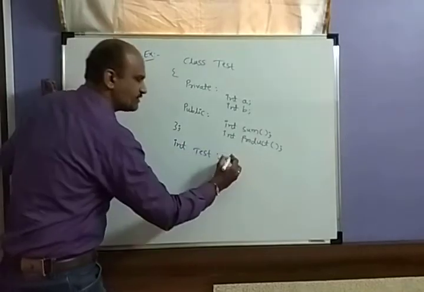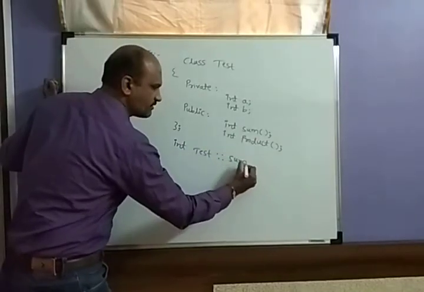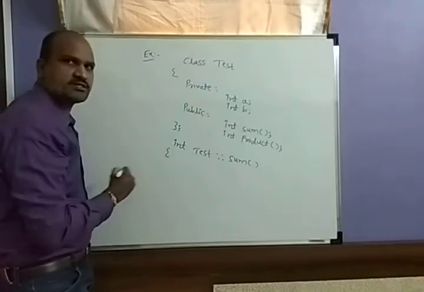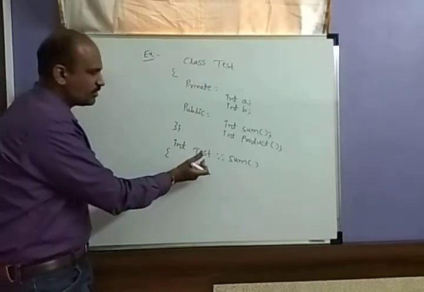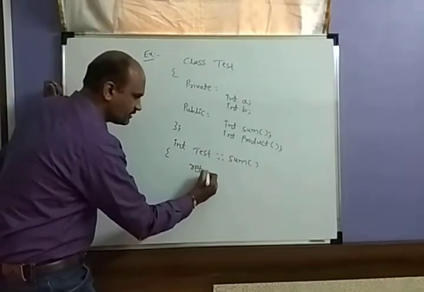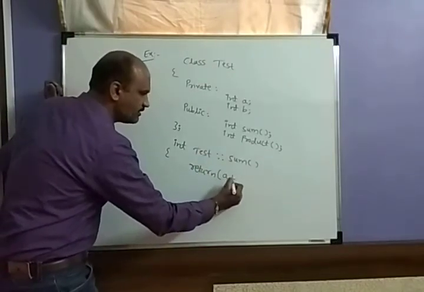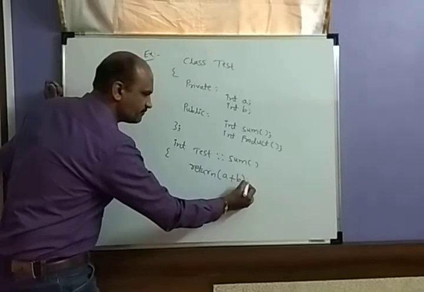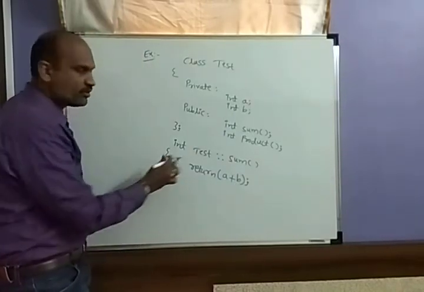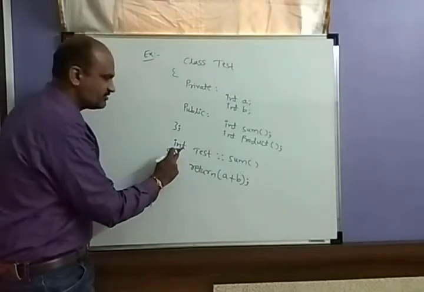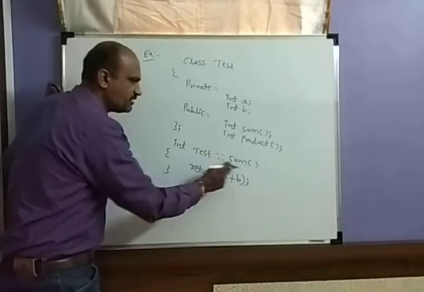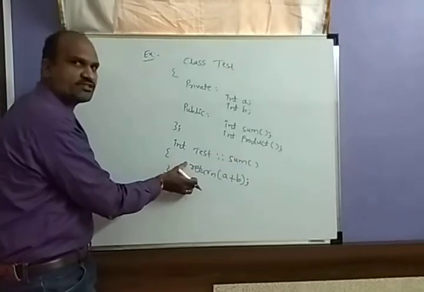Then what is the member function name? Sum is the member function name. Then open brace, function body. What do you want to write for the sum? I will write return A plus B. Then close. So according to the syntax: return type, class name, scope resolution operator, member function name, and the function body.